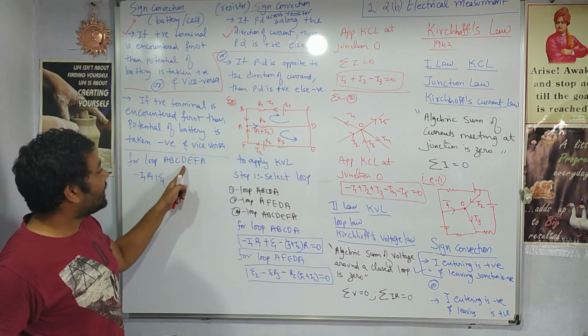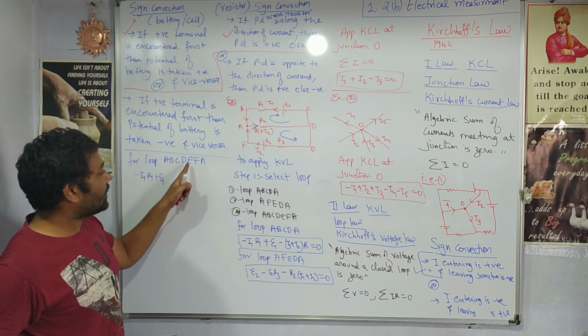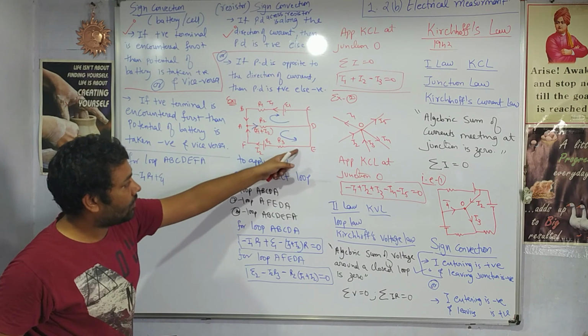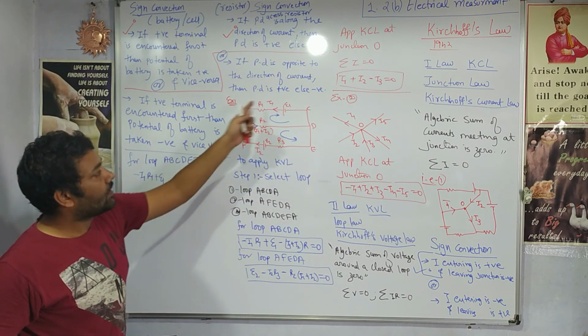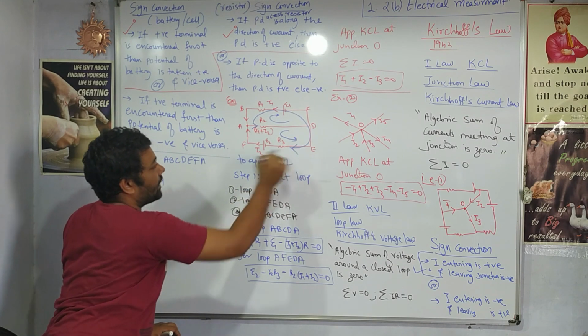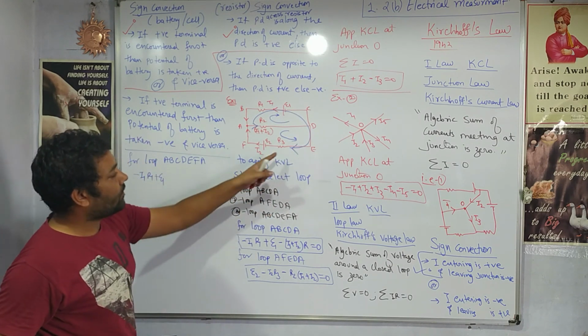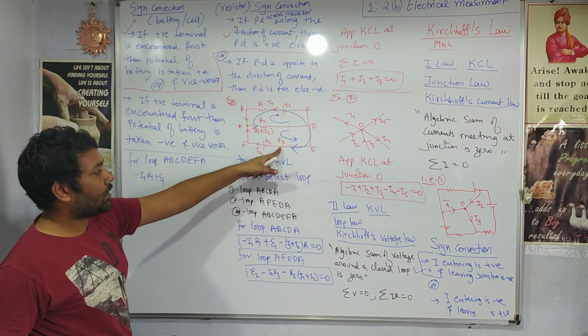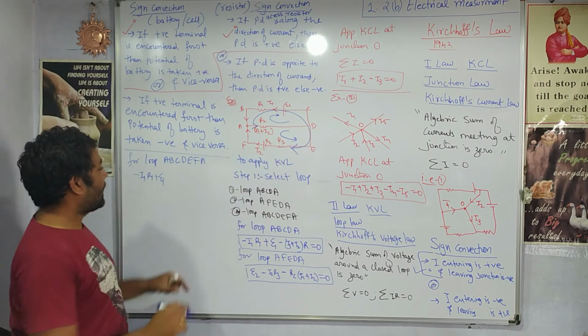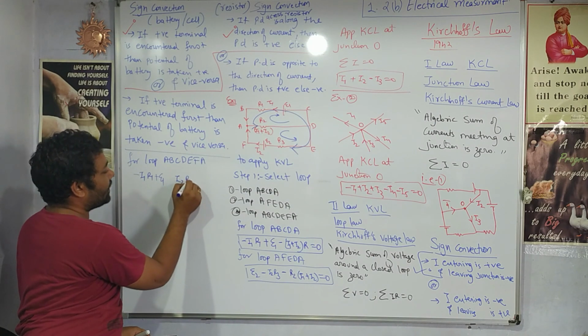Then D to E also no. Then E to F, R3 is there, right? We are moving in this direction. This is a bigger loop, right? So for this bigger loop, our direction is like this. So E to F, R3, what will be the potential drop across R3? Current into resistance, so I into R3. What will be the sign?